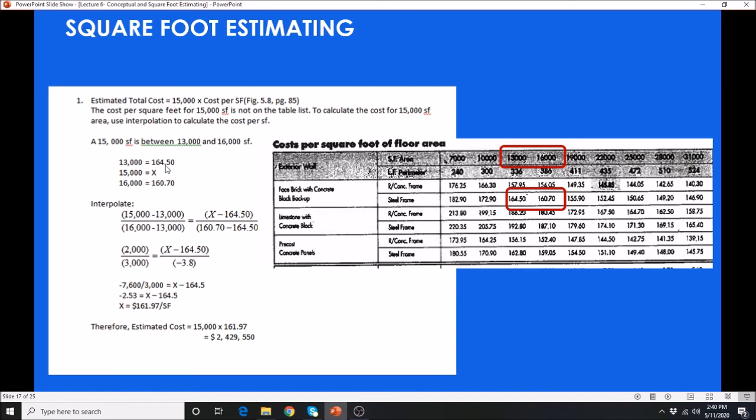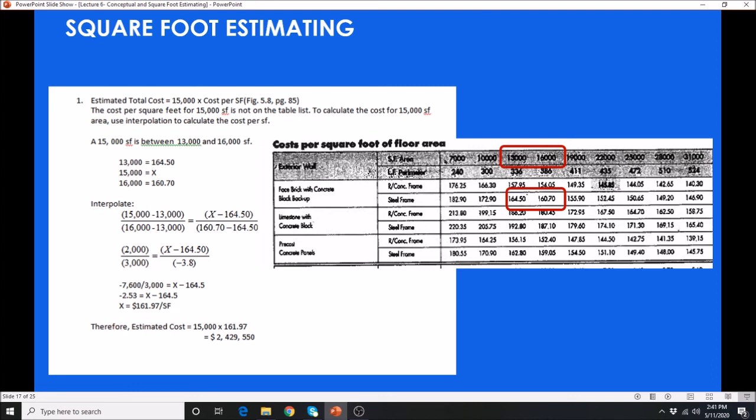So we have x minus 164.5, and 160.7 minus 164.5. Arrange them, subtract these first, subtract those, and then cross multiply, multiply this one here, and then divide by 3,000. Rearranging the equation, the cost is 161.97.